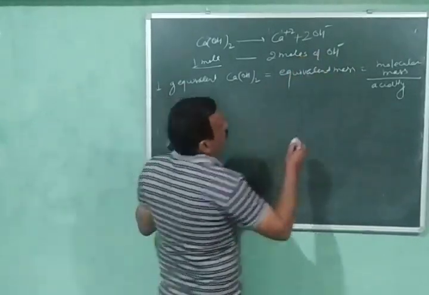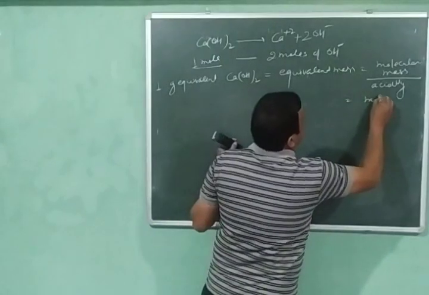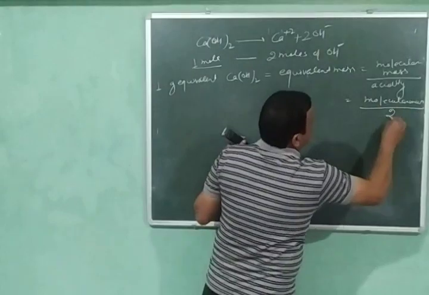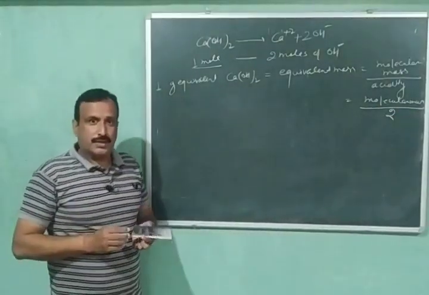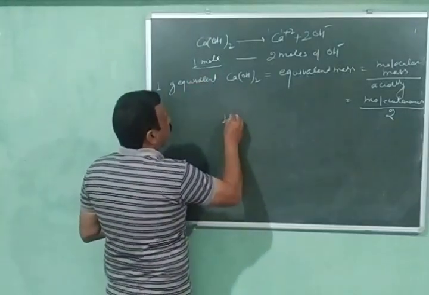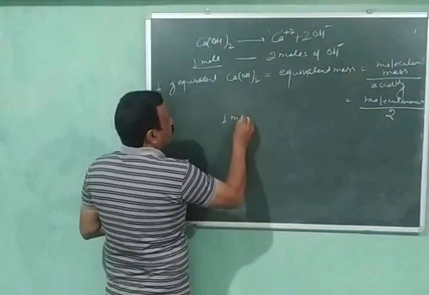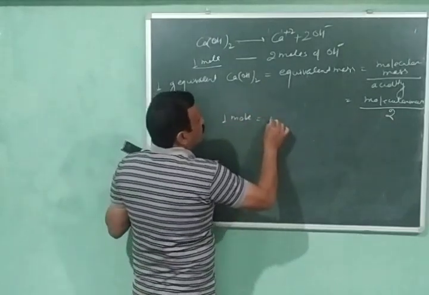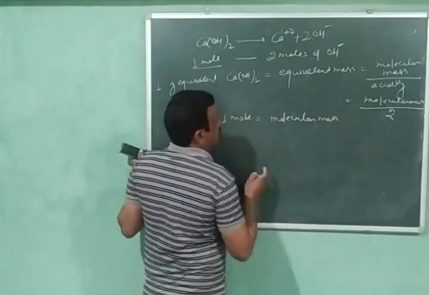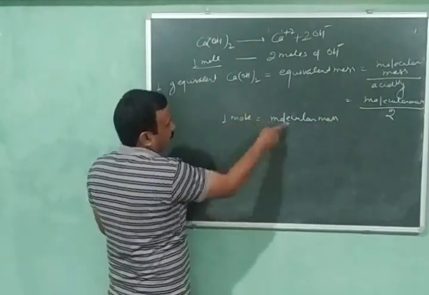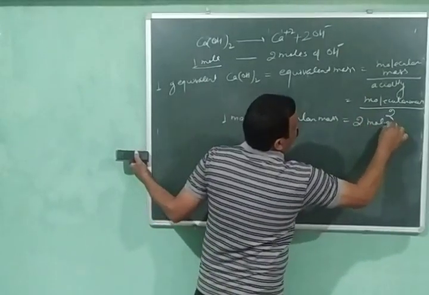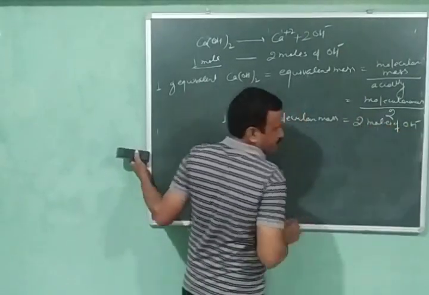So this 1 gram equivalent will be equal to its molecular mass divided by 2. Okay. So now it's 1 mole, which is equal to its molecular mass, and it is giving us how many? 2 moles of OH negative.